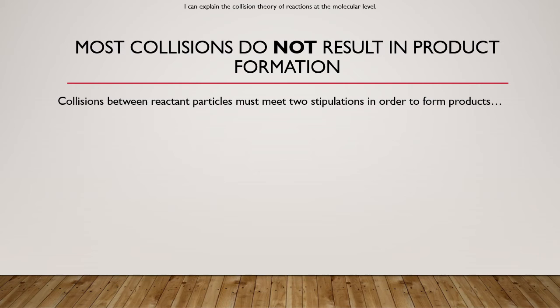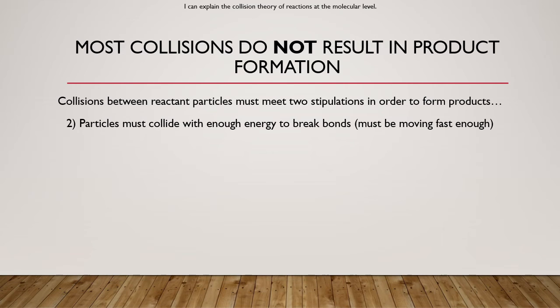The other stipulation is that the particles have to collide with enough energy in order to break bonds that already exist. In other words, the particles have to be moving fast enough. So if we go back to that scenario where we said these particles have to collide in this head-on fashion like we see here, if the particles aren't moving very fast, or if they're moving really fast, we'll have two different outcomes.